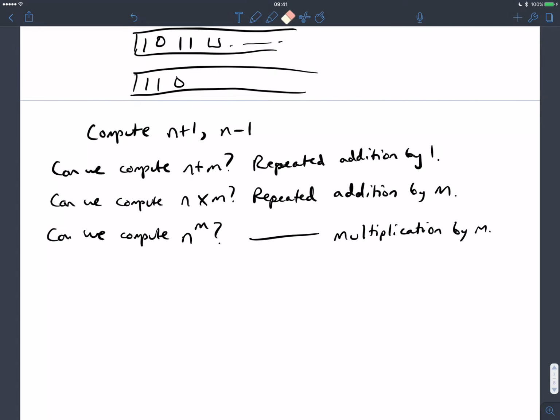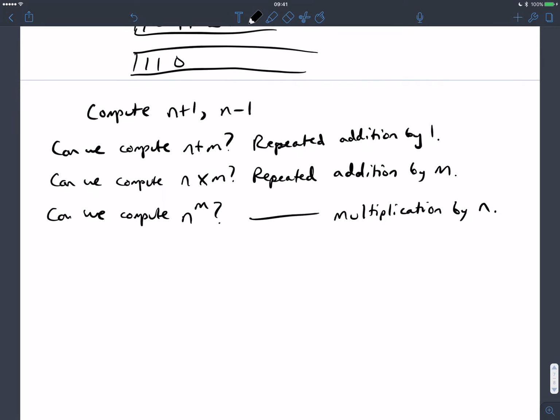Well, actually by n in this case. So can we, for example, compute the exponential of a number if we take floor or ceiling appropriately? Could we take logarithms of numbers? Can we compute factorials of numbers?